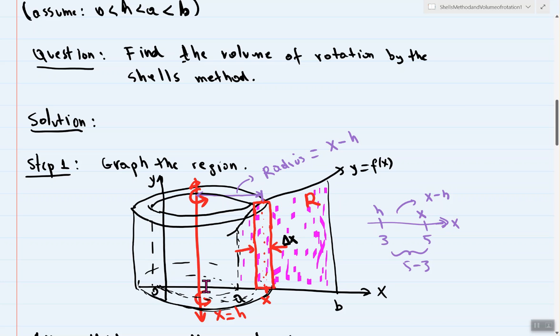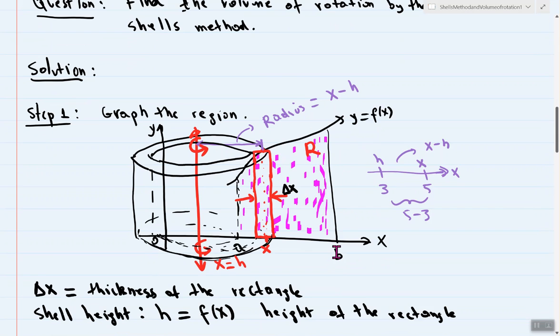That gives us the radius, because the line of rotation is at the center of this cylindrical shell. So we write down radius equals x minus h. We know the height is the function f of x.